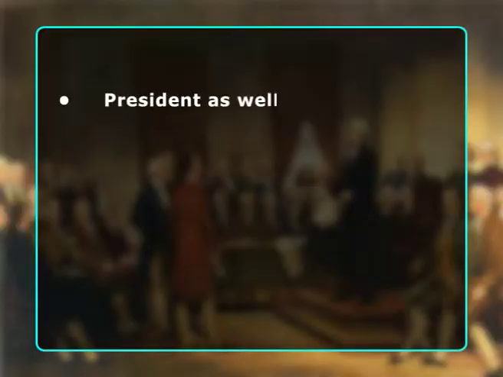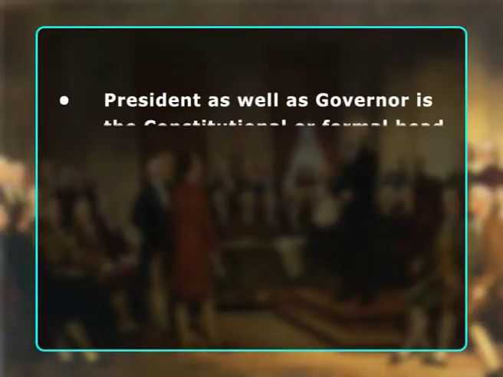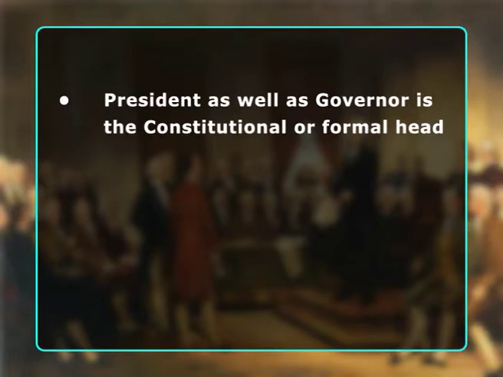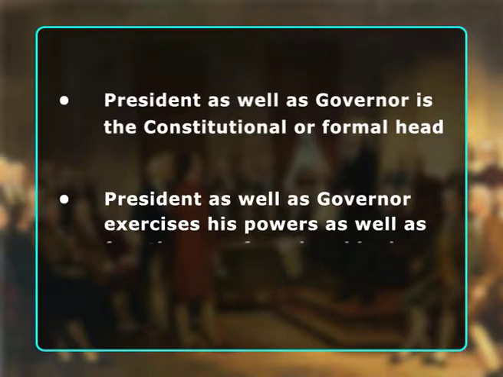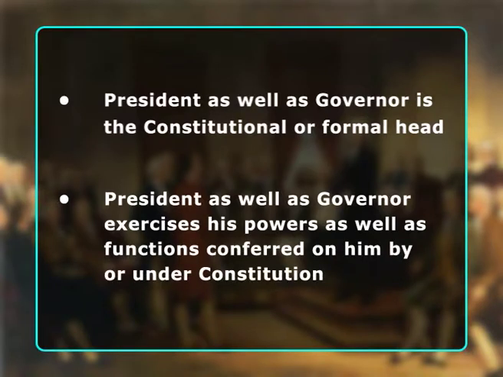The court stated, the President as well as the Governor is the constitutional or the formal head. The President as well as the Governor exercise the powers and functions conferred on him by or under the Constitution on the aid and advice of the Council of Ministers, save in the spheres where the Governor is required by or under the Constitution to exercise his functions in his discretion.